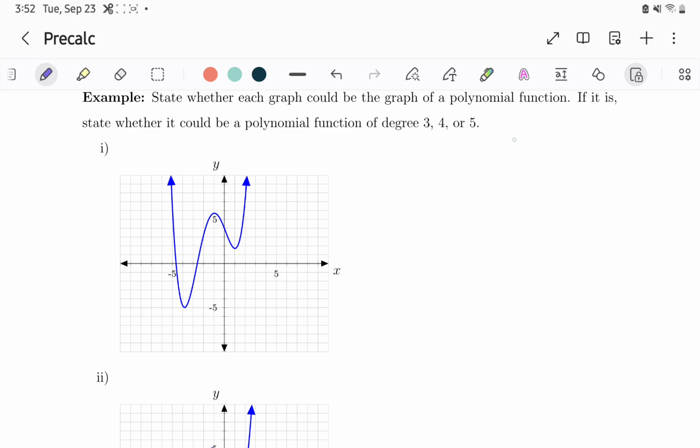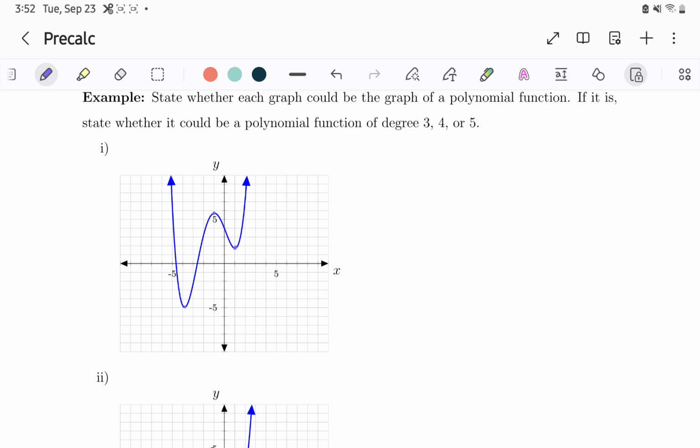All right, so now we want to determine its degree. This polynomial function has 1, 2, 3 turning points, which tells us that the degree should be even. And we could also confirm that by looking at the end behavior. When it comes to the even degree polynomial functions, their end behavior is going to be the same in both directions.